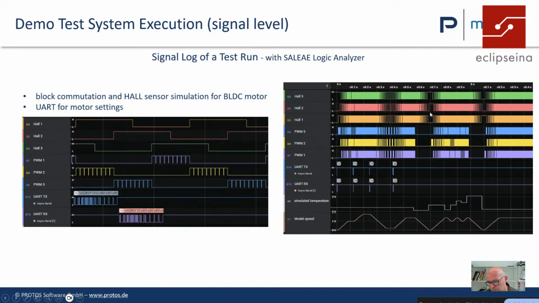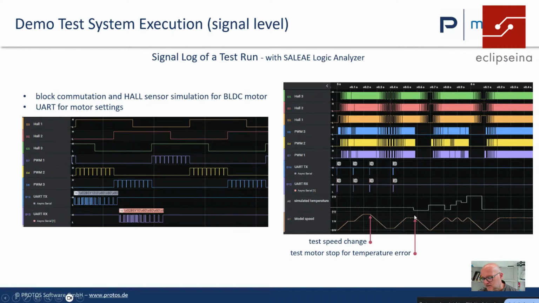You see it's a closed loop simulation here, PWM in, Hall out. And now we can run test cases like we change the speed in our system under test. The system under test makes the PWM frequencies lower. And the simulation follows by running the motor slower and generating slower Hall signals.